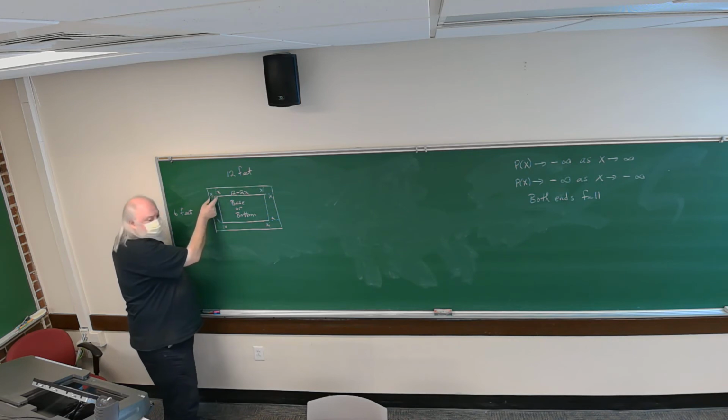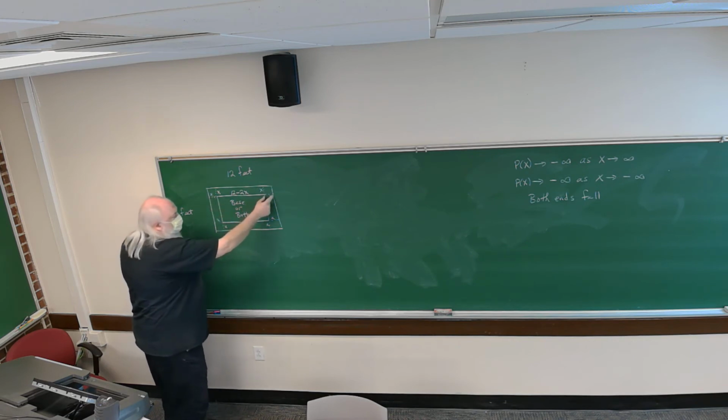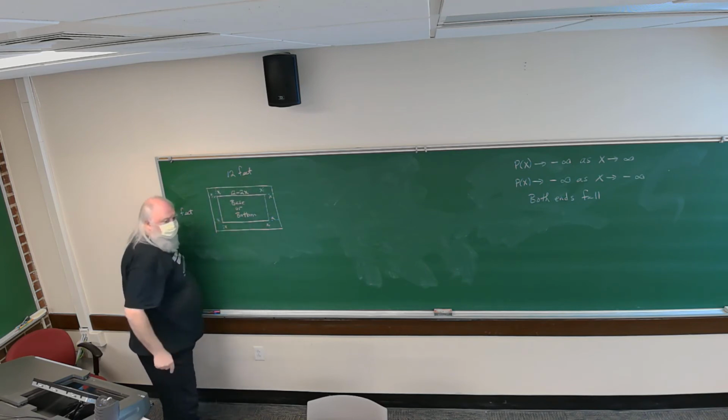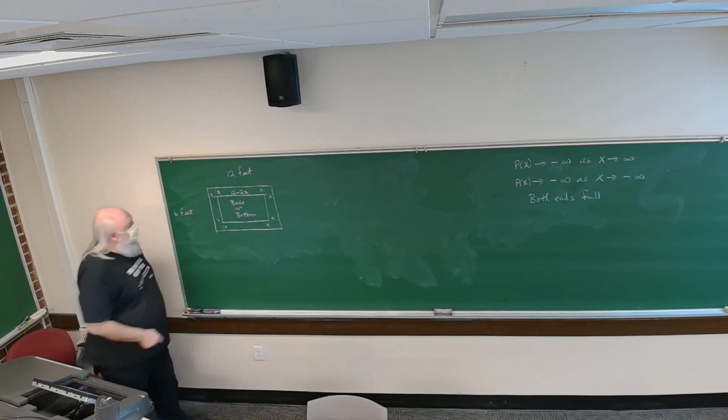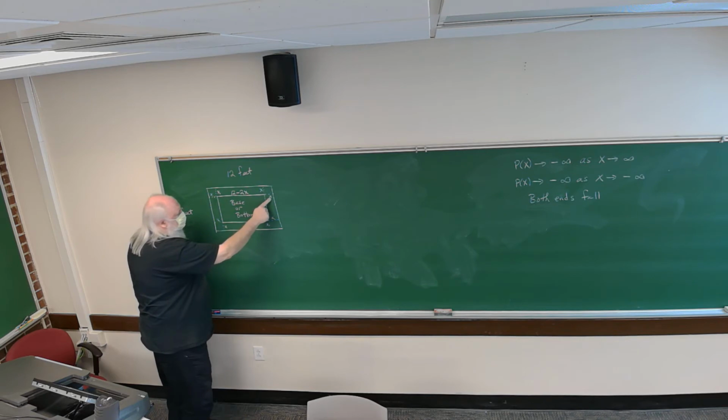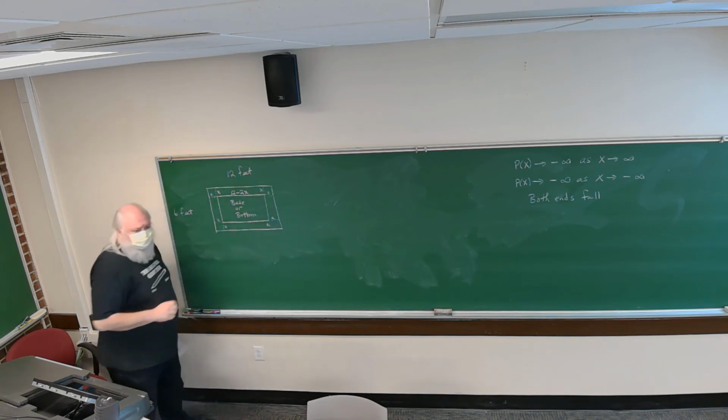Because we lose x feet here and x feet here, we subtract 2x feet from the total length of 12 feet to get the length of the base. So x plus 12 minus 2x plus x equals 12 feet. We lose 2x feet when we cut out the corners and fold up the sides.